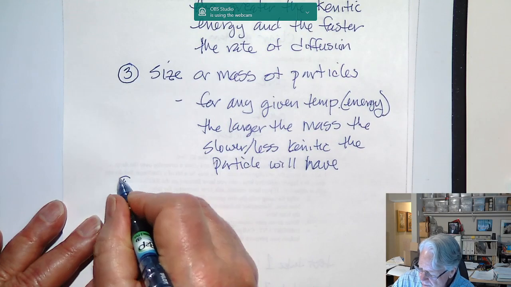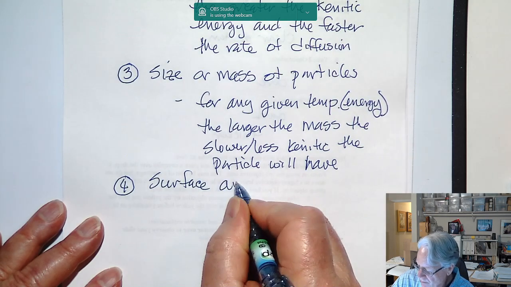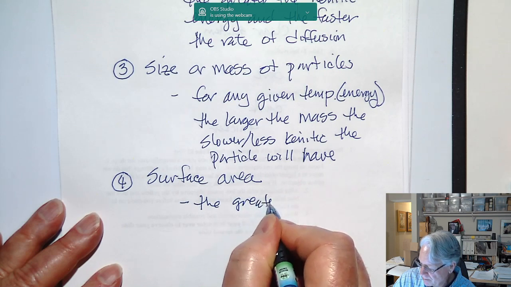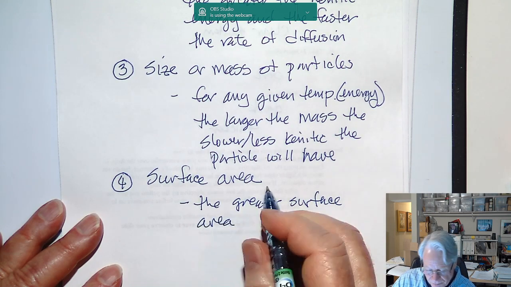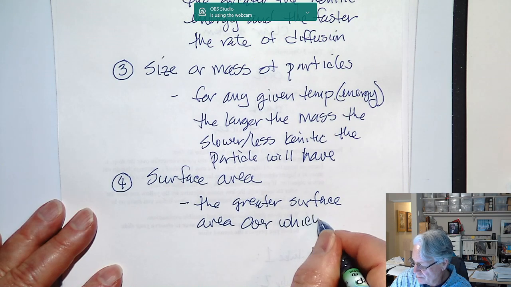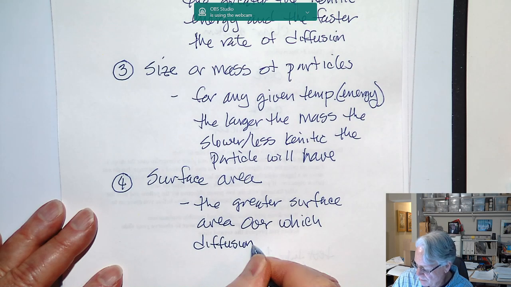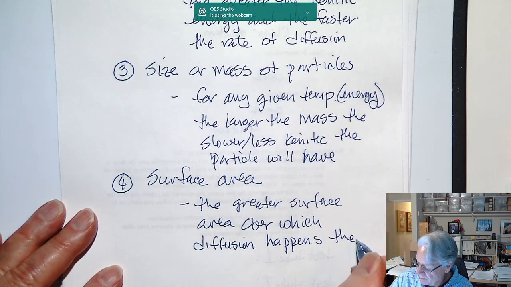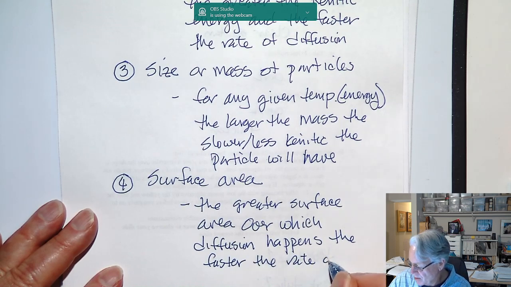Another factor is surface area. So the greater the surface area over which diffusion happens, the faster the rate of diffusion.